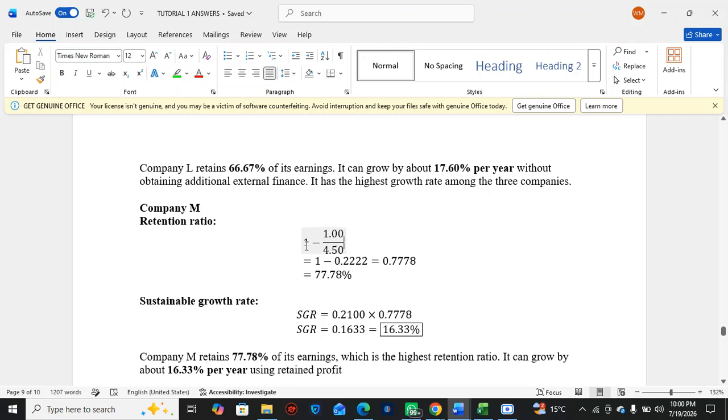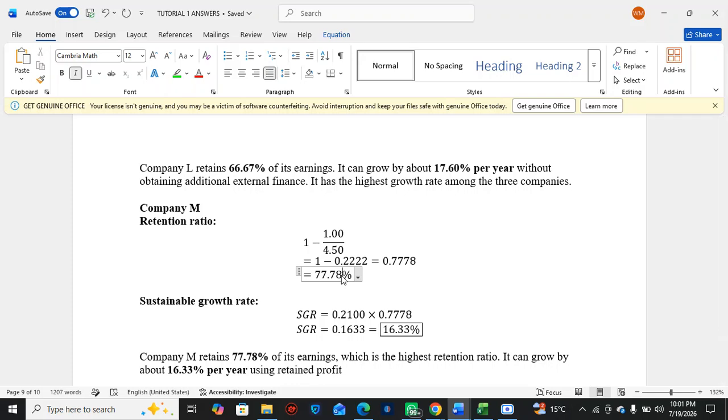And finally, company M. 1 minus the dividend payout ratio, which is the dividend per share divided by earnings per share, gives us 0.22, which tells us company M pays out 22% of its profit as dividends. 1 minus 0.22 gives 0.778, so the company keeps 77% of its profit.